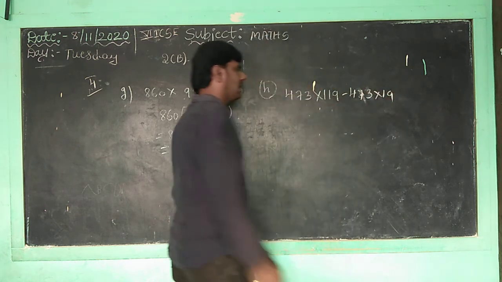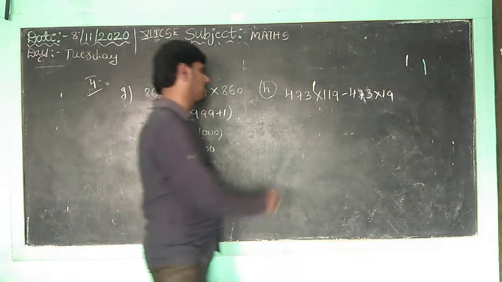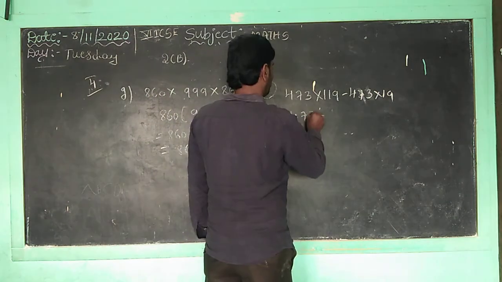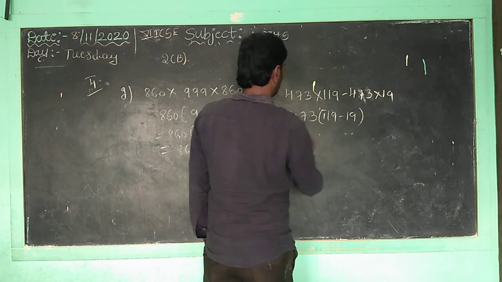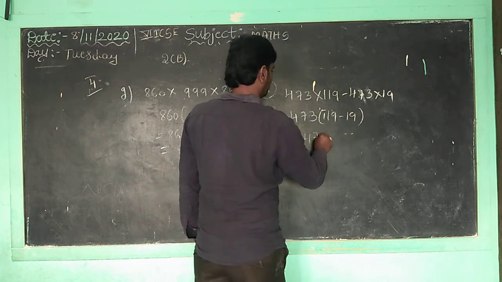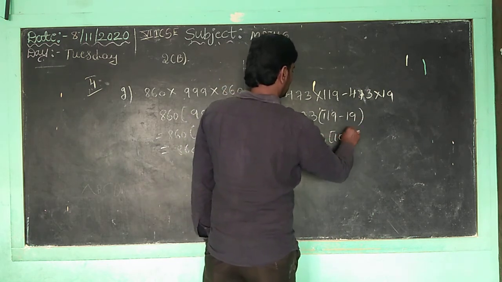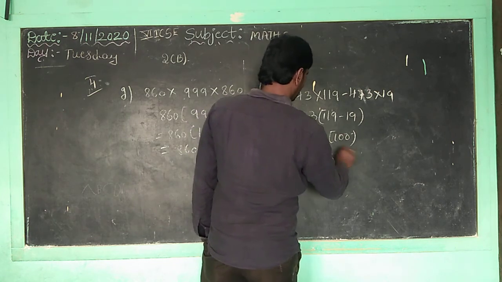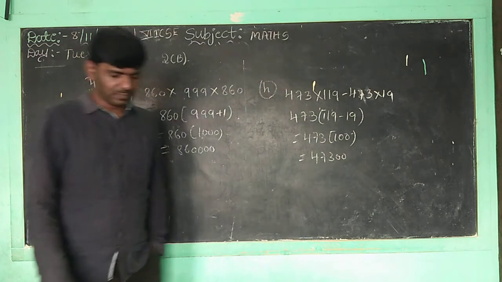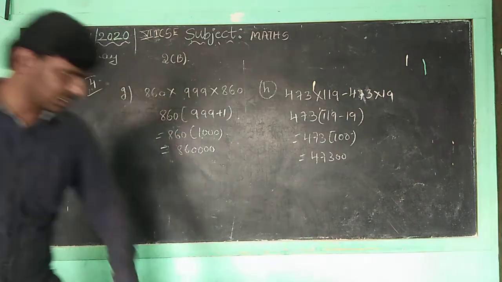Students, now you want to take common factor of 473 and write 190 minus 90. 473 into 100. You want to multiply 473 with double 0. Correct, children? Remaining I and J, you want to take more children.